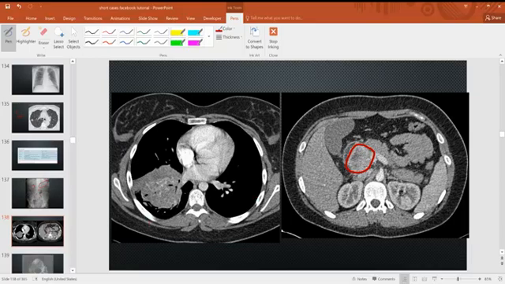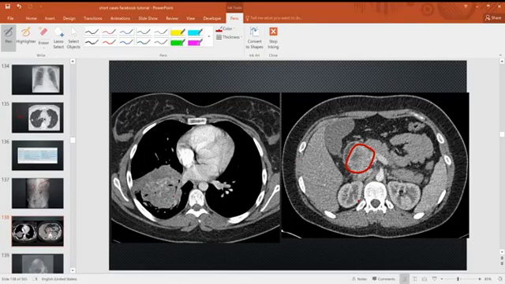Other differential diagnosis: Dr. Hisham said endocrine tumor, but neuroendocrine tumor is another differential diagnosis. The main differential diagnosis in this patient is lymphoma and neuroendocrine tumor, as we said before.